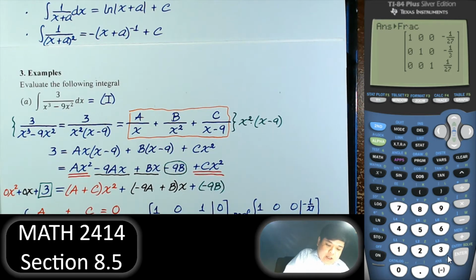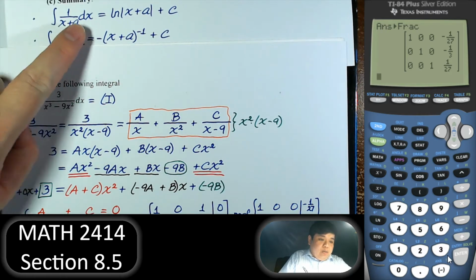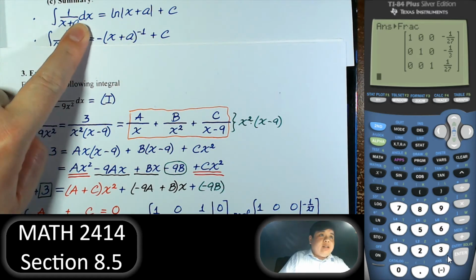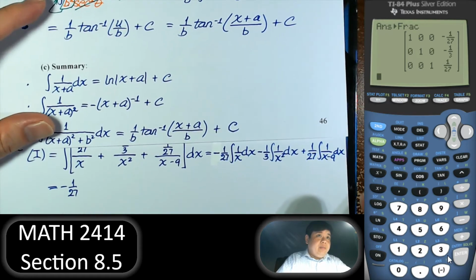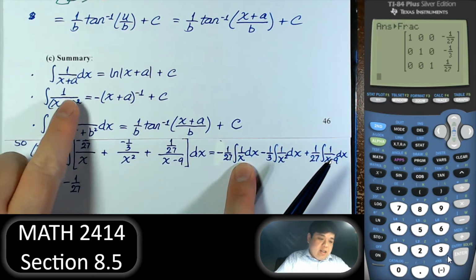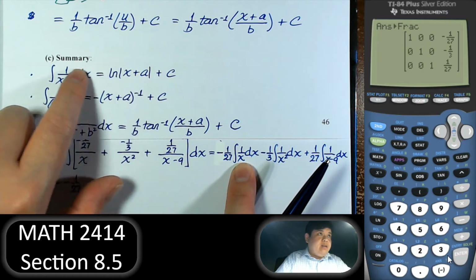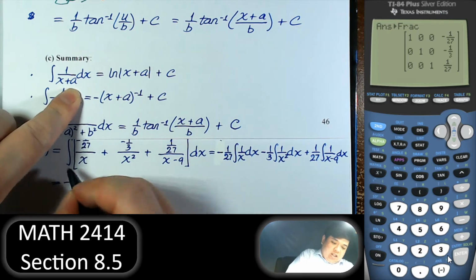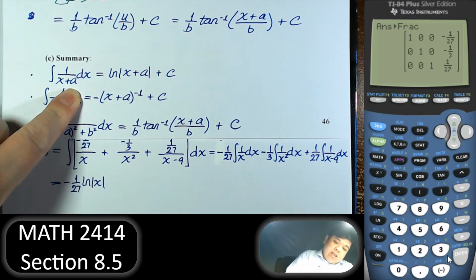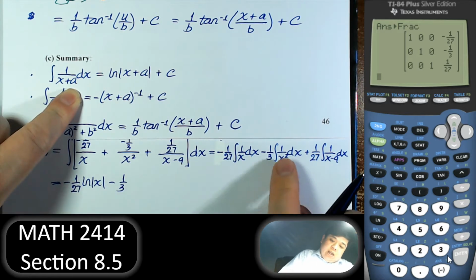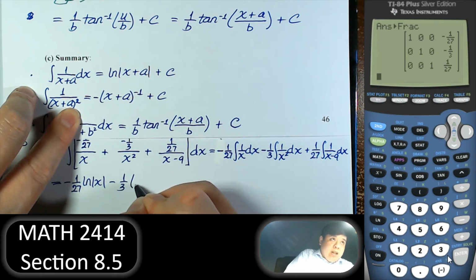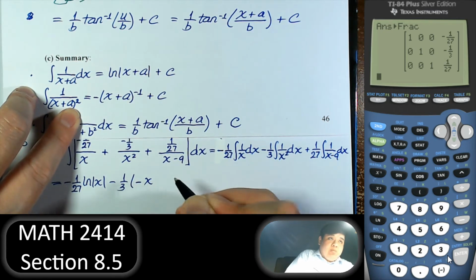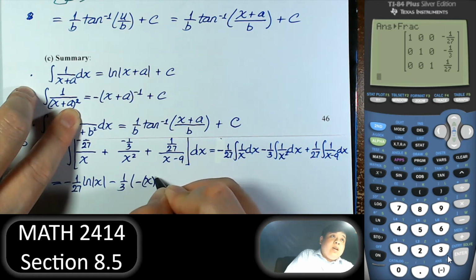Right, negative 1 over 27 times 1 over x. Now for 1 over x, a is going to be 0, right? Compare this from when a equals 0. So actually that's just ln of the absolute value of x. And then minus 1/3 times 1 over x squared, it's going to be this, but a equals 0. So we're going to have negative x to the negative 1.